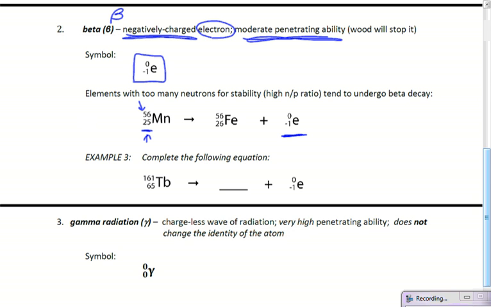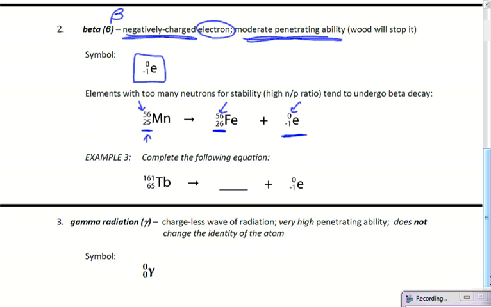So think about what number could you put here, where if you subtract 1, we get 25, and that's how we end up with a 26. And when you look up number 26 on your table, it's iron, Fe, and that's how we got our symbol. The top number, the mass number, doesn't change. Again, remember this is a 0, so what number plus 0 gets us 56? 56. So let's look at example 3.